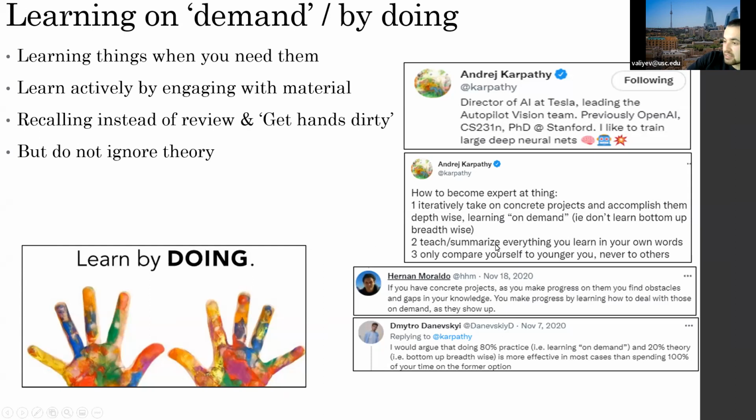And the second thing he says is you should teach and summarize everything you learn in your own words. When you explain some stuff in your own words, you usually understand it, because it forces you to understand the stuff, because you cannot use the words your instructors are using. And I've already seen it in my example.